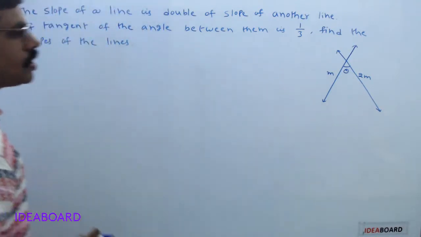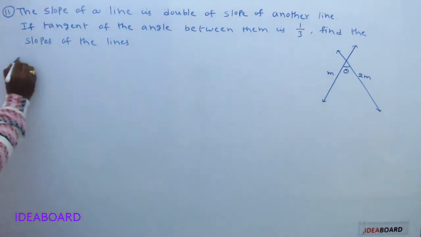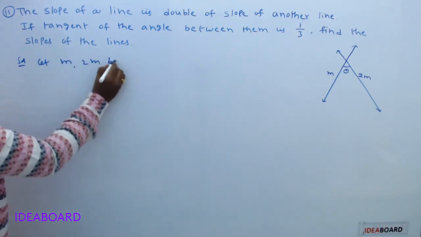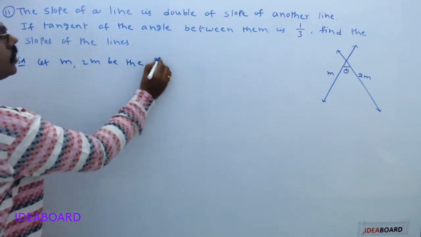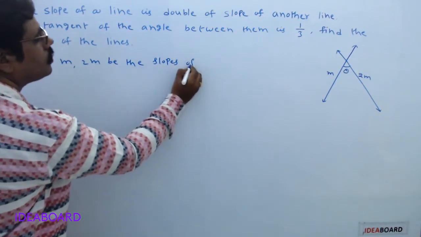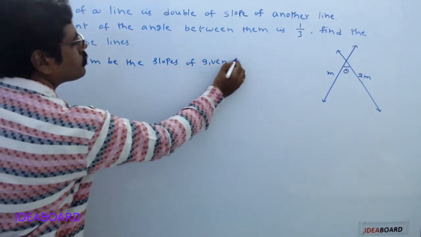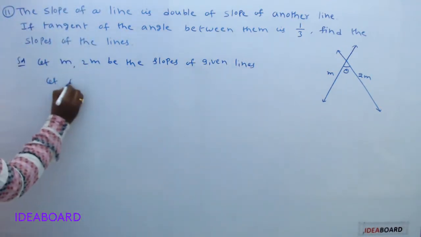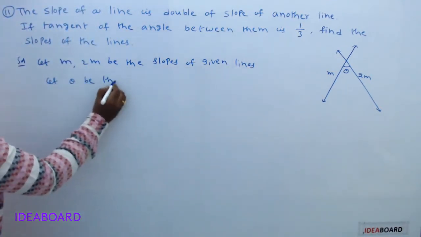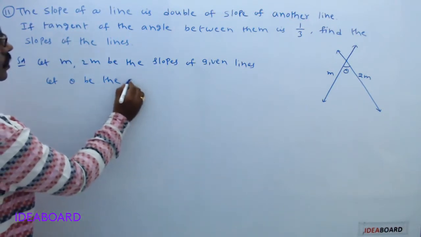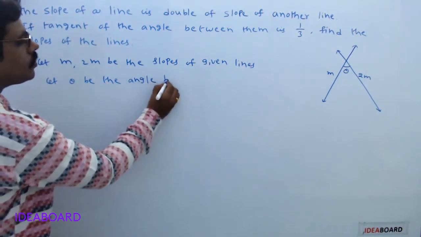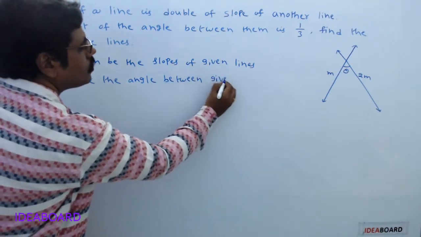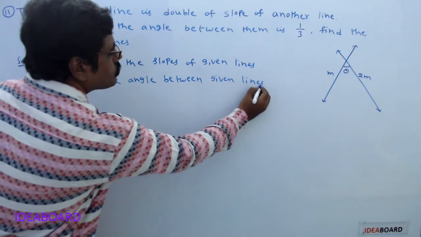First write down that consideration. Let m, 2m be the slopes of given lines. Let theta be the angle between the given lines.